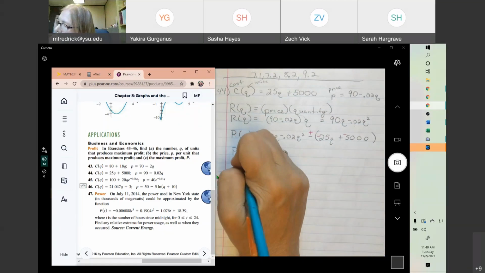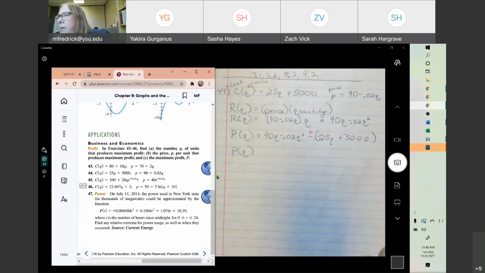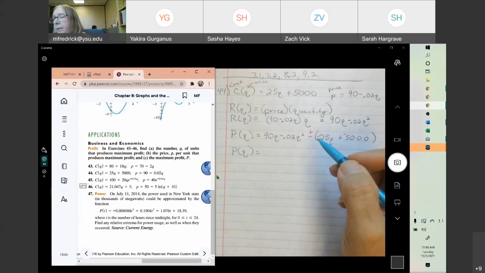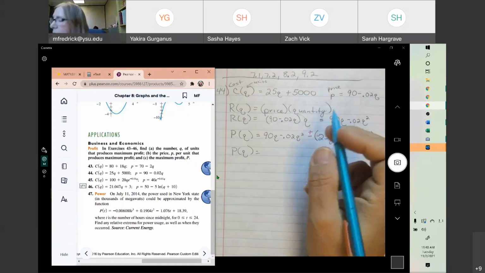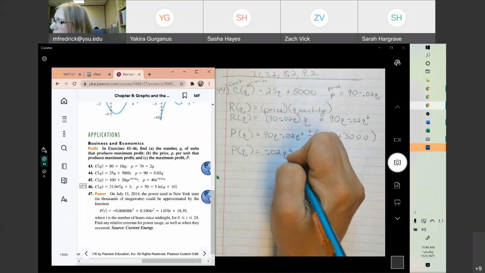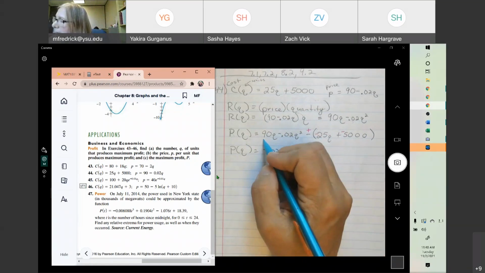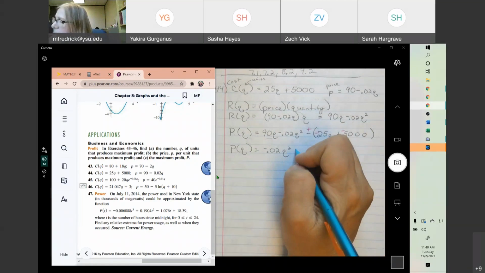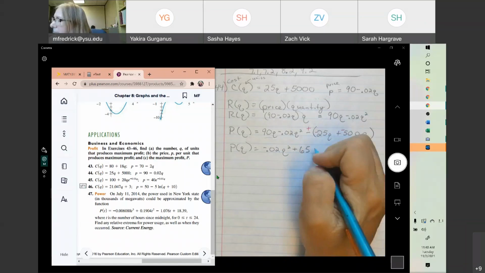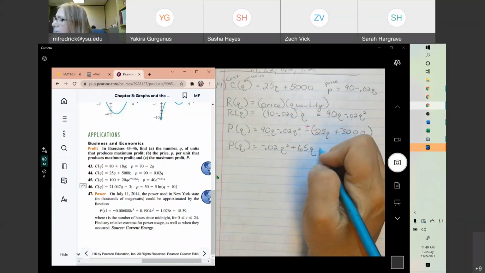I'm also going to put them in decreasing order, or standard form. I like to put the Q squared first, so negative 0.02Q squared. And then the 90 minus 25 is a positive 65Q minus the 5,000.